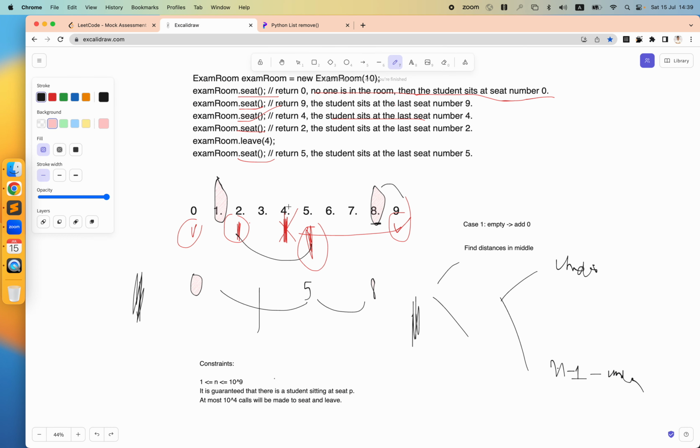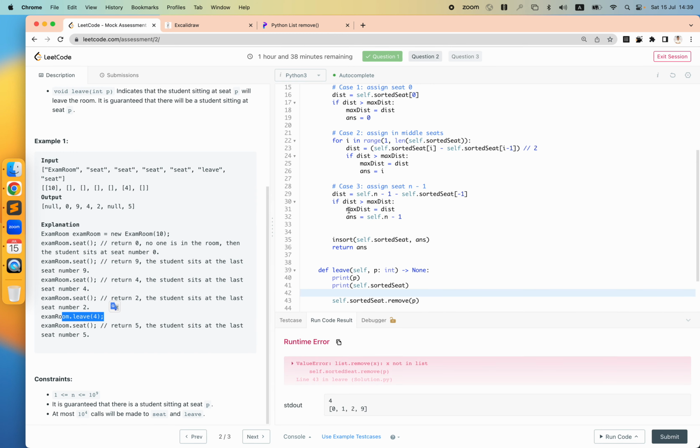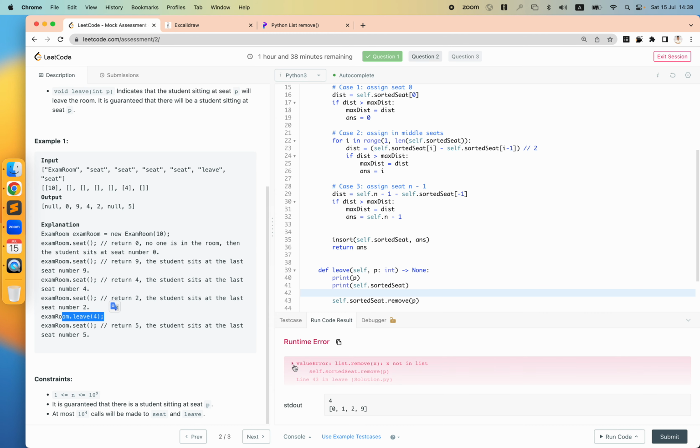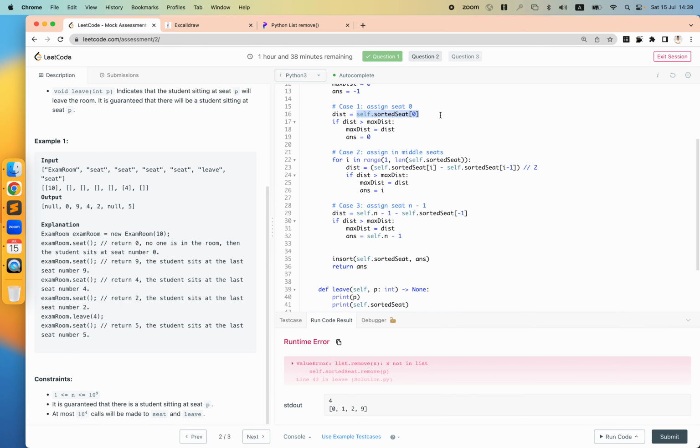The first one is 0 and 9, right? 9 is 9 because the distance will be 9, yes, and this one is 0 and this one is minus this one, so it should be 0.